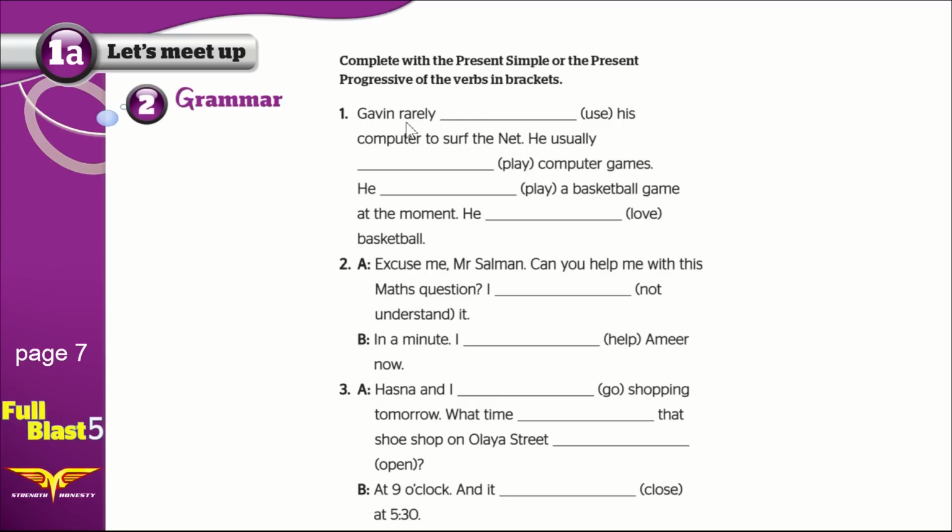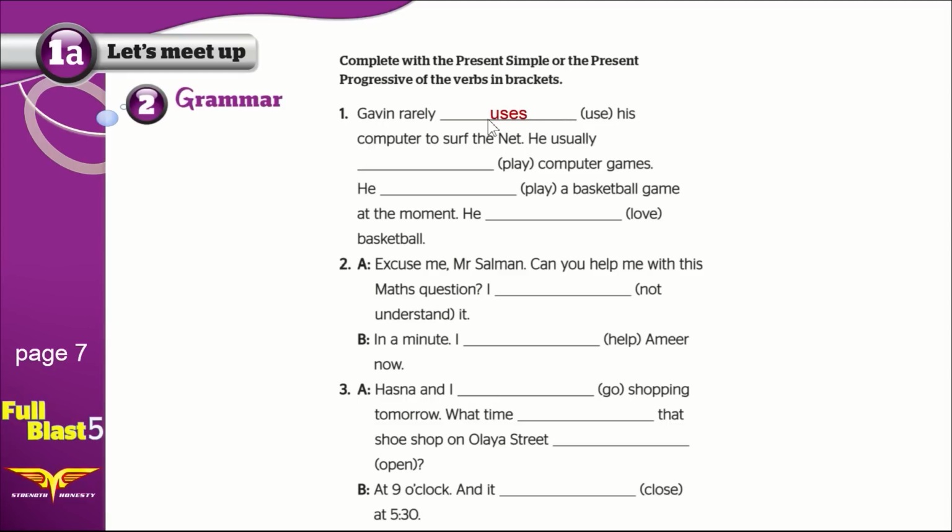Rarely is similar to sometimes, usually, always. This is our signal word. So we have to use present simple, and we have Gavin. Gavin is the same as he, so we have to put S to the verb use. So uses. Gavin rarely uses.